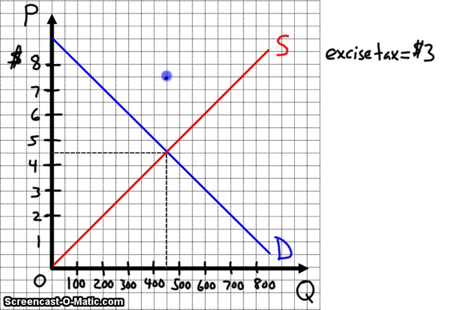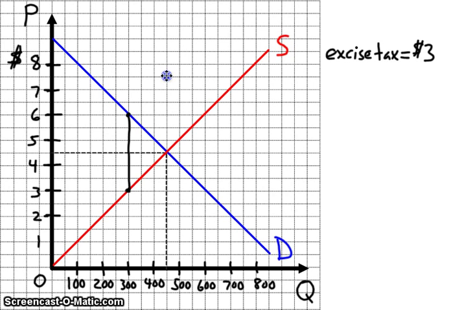An alternative way is to start at the equilibrium price and then go back to the left until the difference between the supply and demand price is equal to the $3. So that would be here, the supply price of $3, the demand price is $6, so this is a separation of $3 worth.